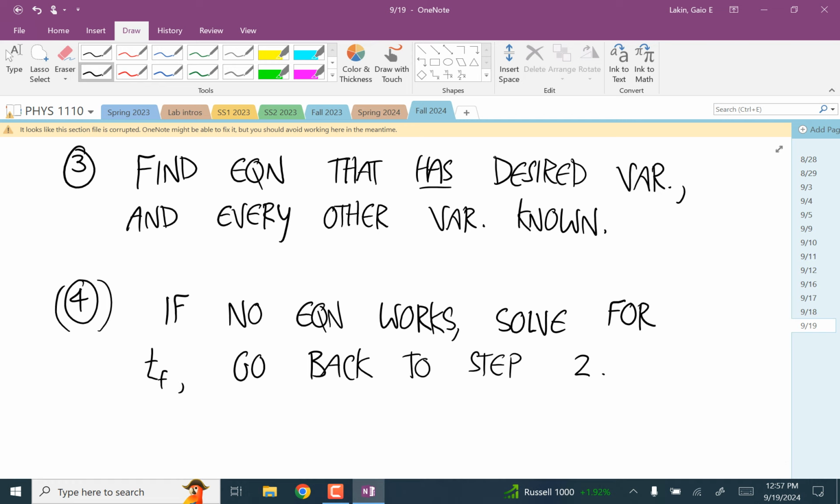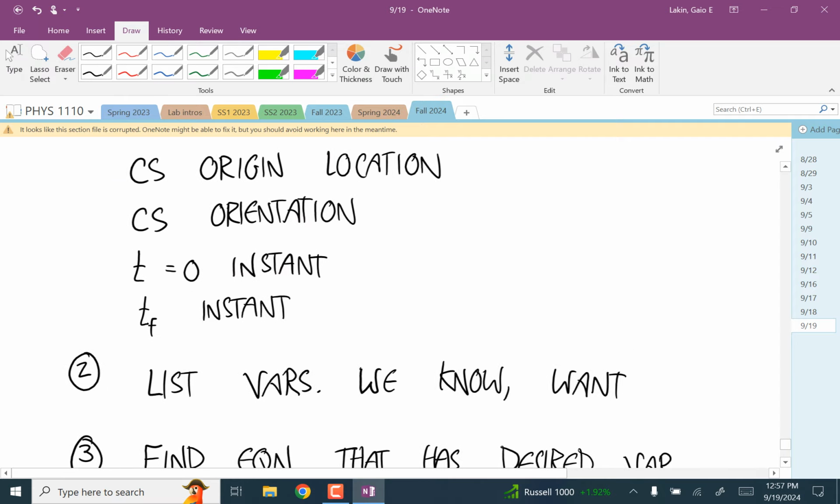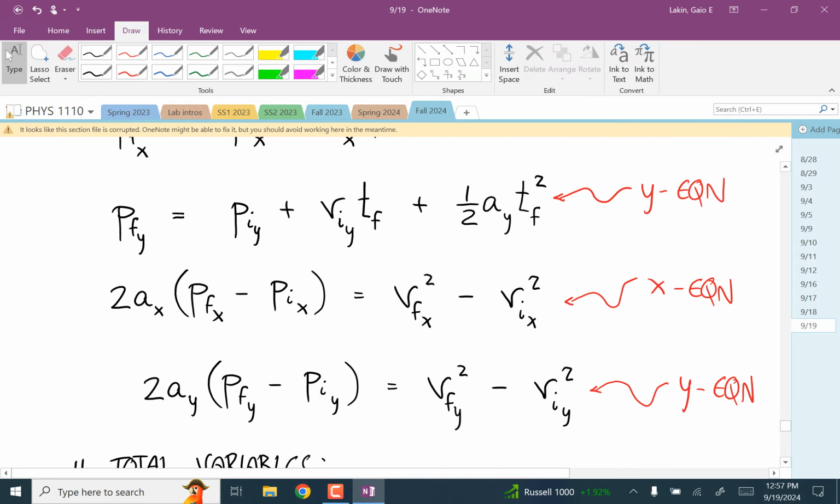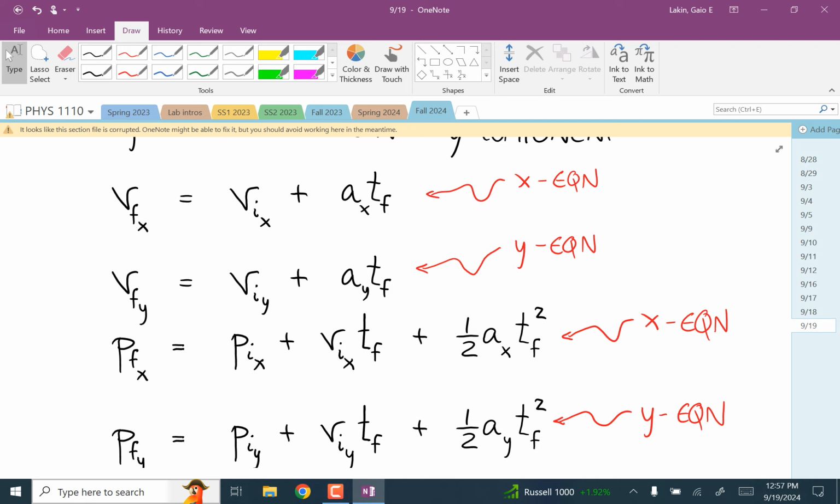And I want to point out a magical power that time final has in 2 dimensions. Look at these equations. Let's just look at the first 2 equations. There's an x equation and a y equation for this v final pair, right? And there are no y components in the x equation, and there are no x components in the y equation. But there's one variable that crosses over between the 2, and that's time.